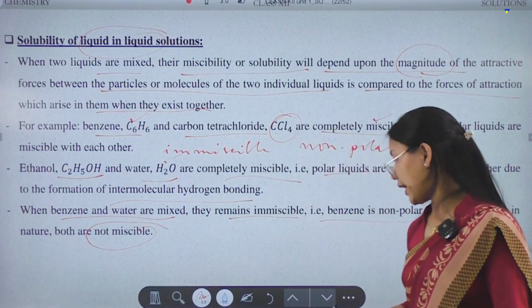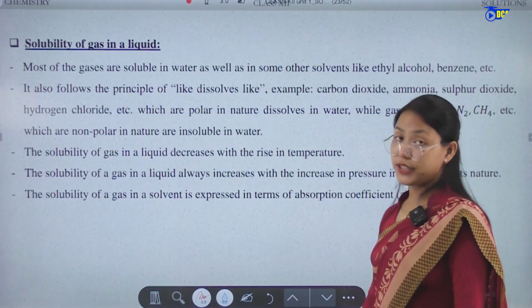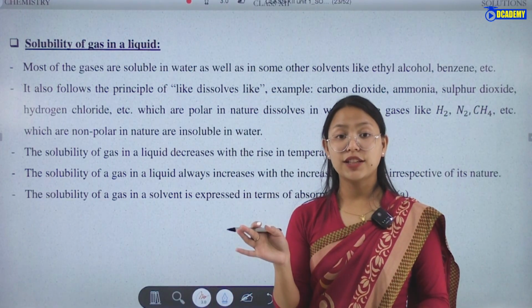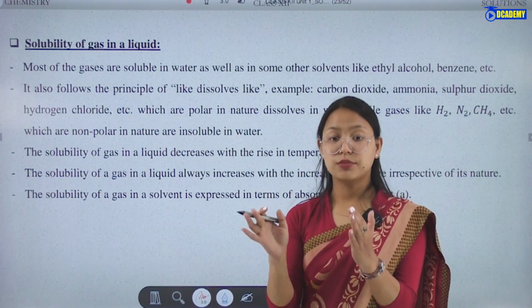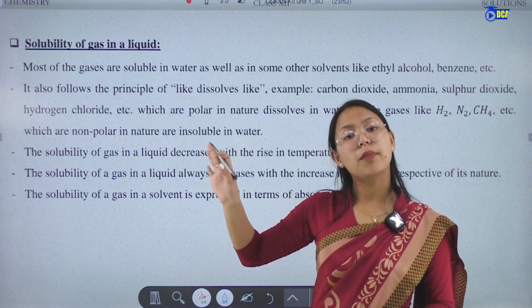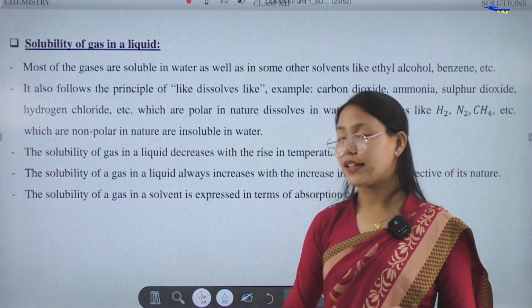Now next, solubility of a gas in a liquid. In liquids there is intermolecular hydrogen bonding, which means attractive forces are present. Now what about gases?